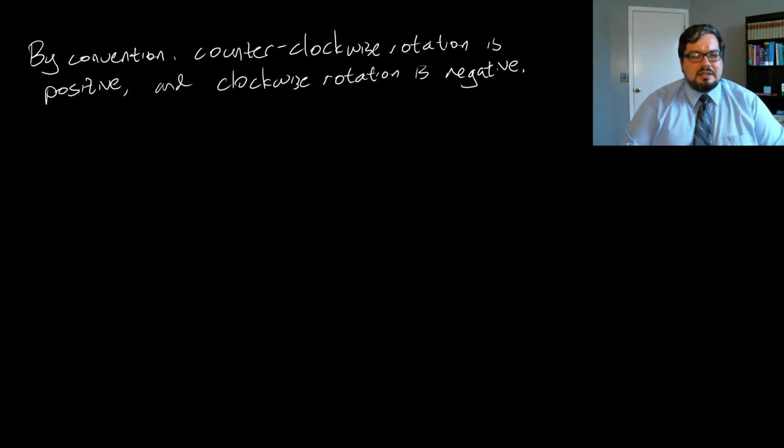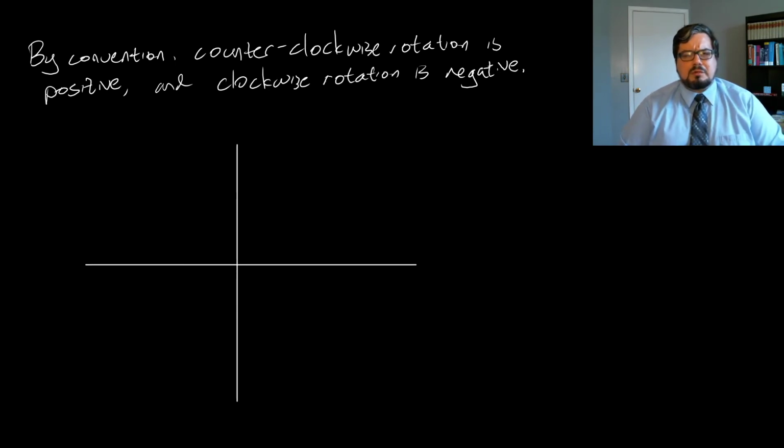So let's think for a second about why we might choose to determine this. At first glance, because of the way that our language works, this seems a little counterintuitive because we think of clockwise as sort of the default and then counterclockwise as, well, not the default.